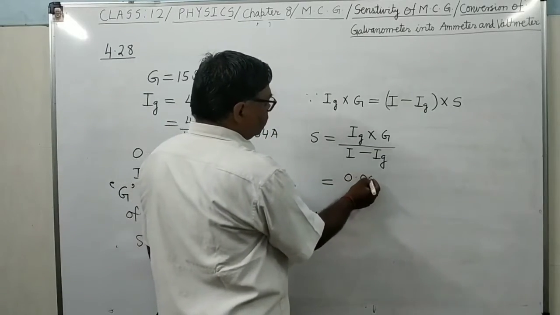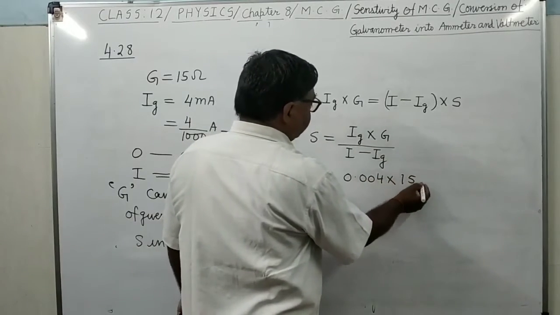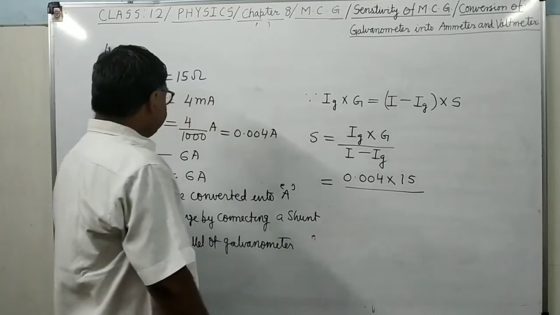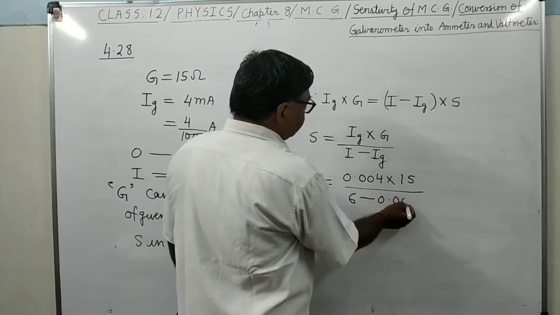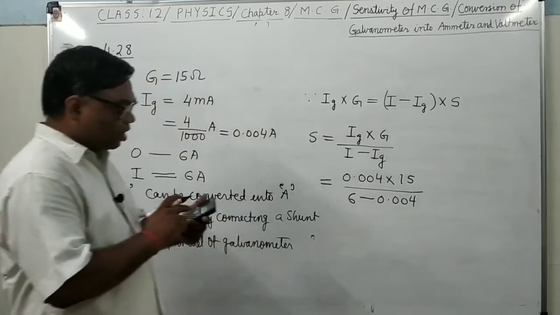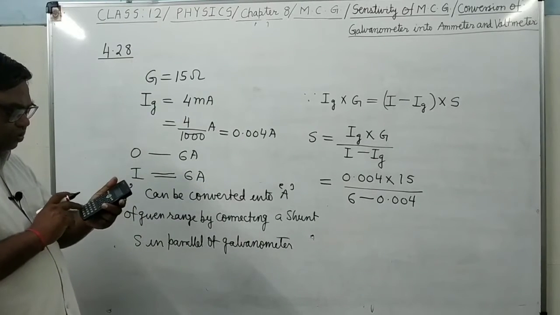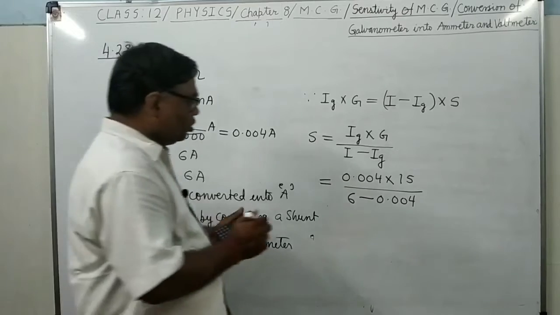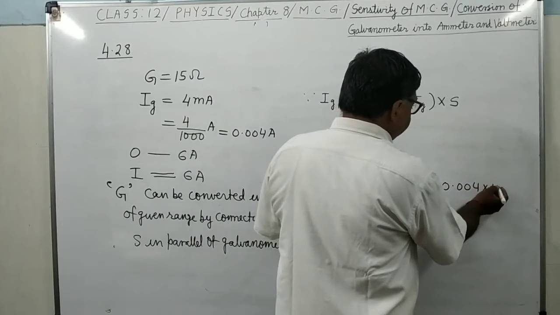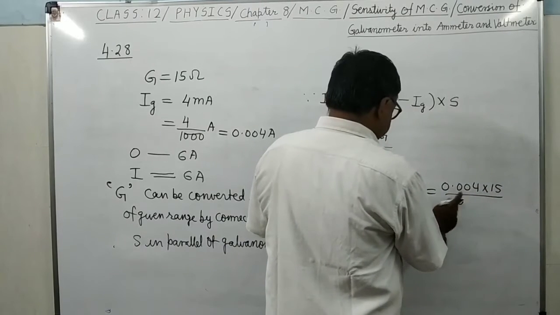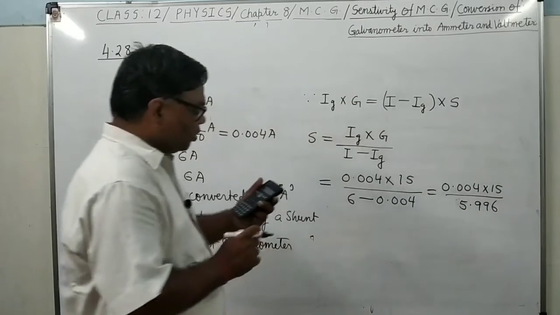So 0.004 into G, which is 15, divided by I minus Ig, that is 6 minus 0.004. It will come out 0.004 into 15 upon 5.996.